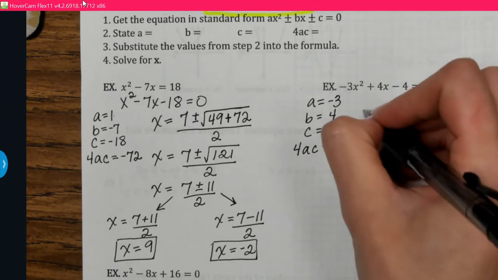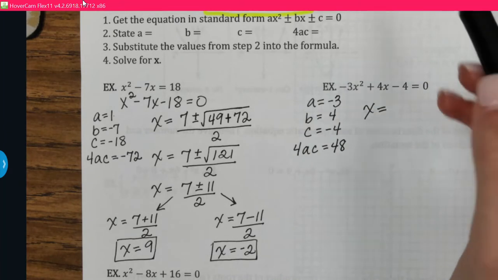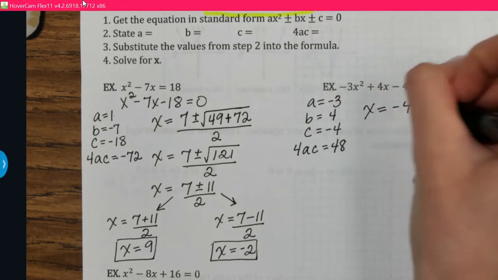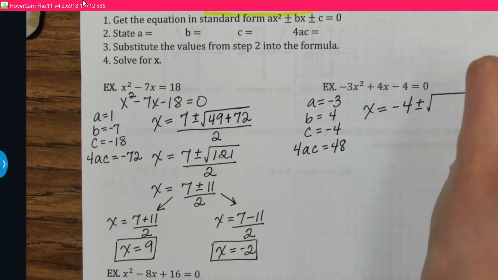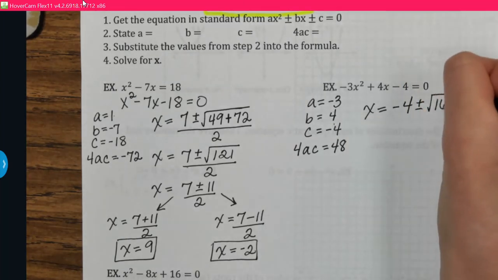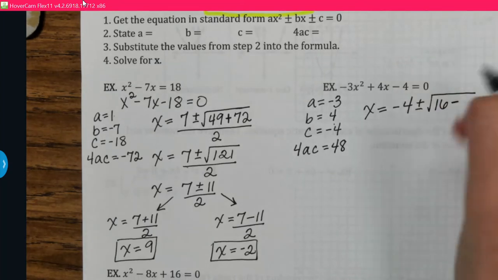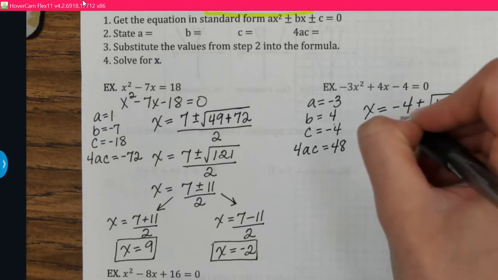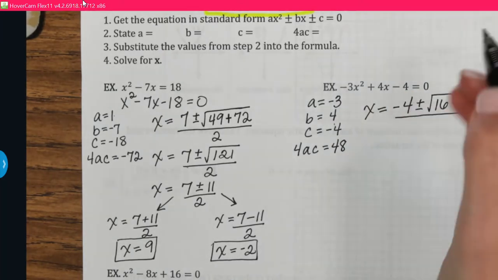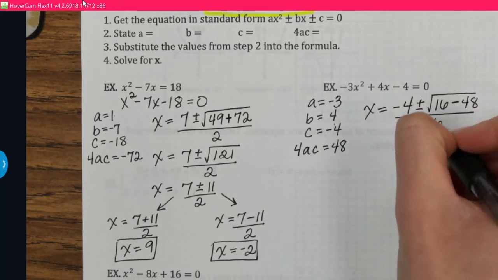Okay, so then I'm going to plug everything into my formula. So I have the opposite of b. b is 4, so I'm going to have a -4 plus or minus the square root of b squared. 4 squared is 16 minus 48. All over 2 times a. 2 times -3 is -6.